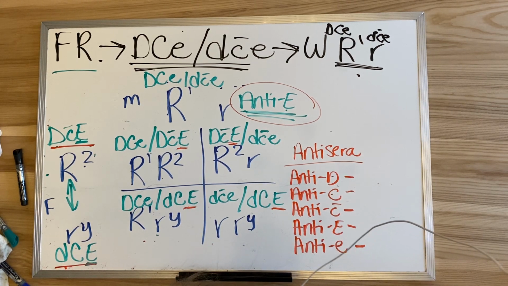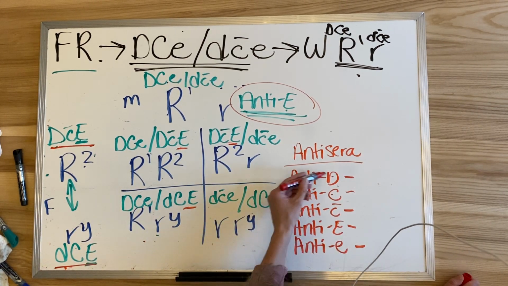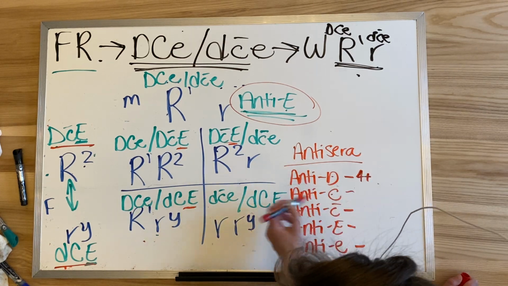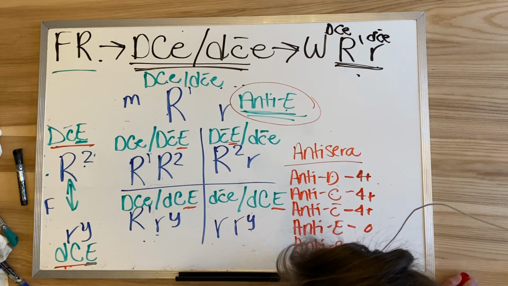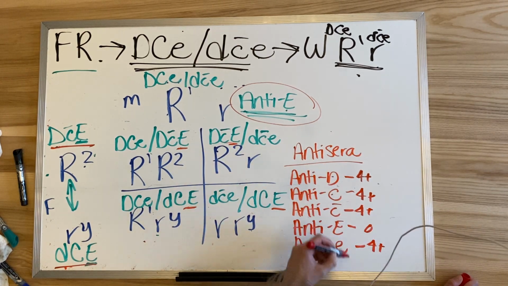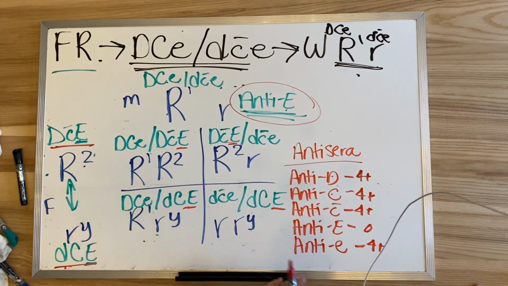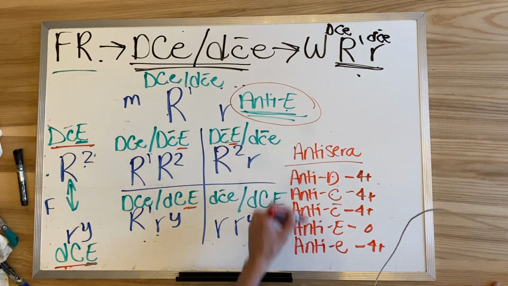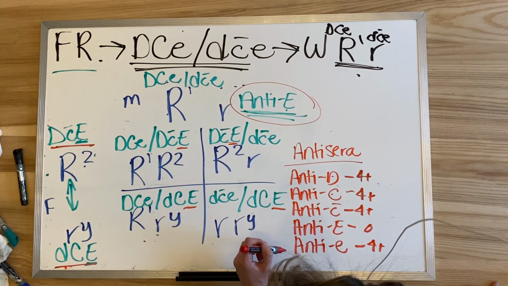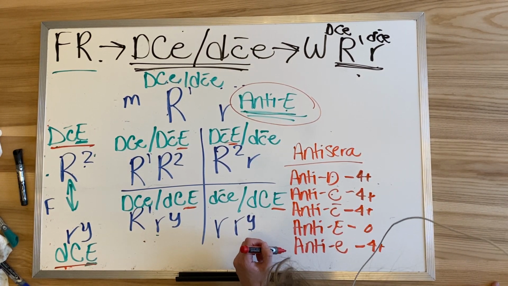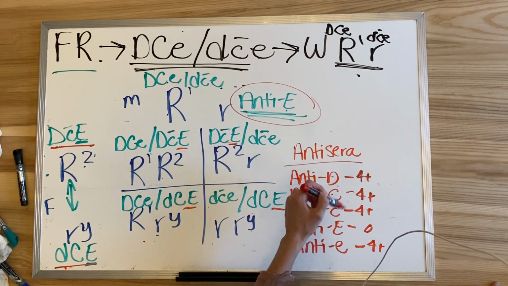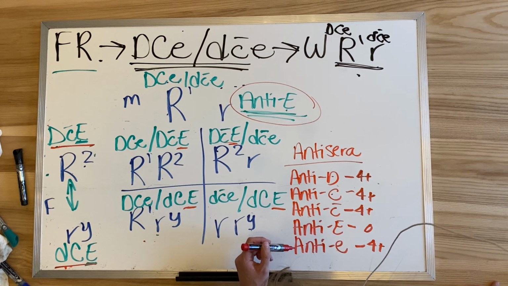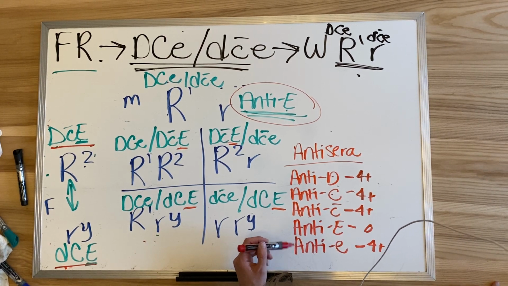And then once you know what's present, you can literally have a list of these and say, okay, there's a 4+ reaction. There was a 4+ reaction here. There was a 4+ reaction here. That was negative, and a 4+. Now, this is a good segue. If we did this antigen testing and we set this up, we would have the Rosenfeld way of looking at the antigens.